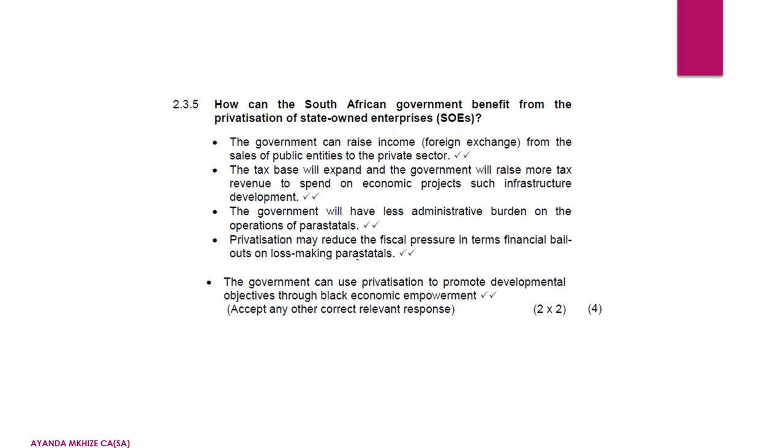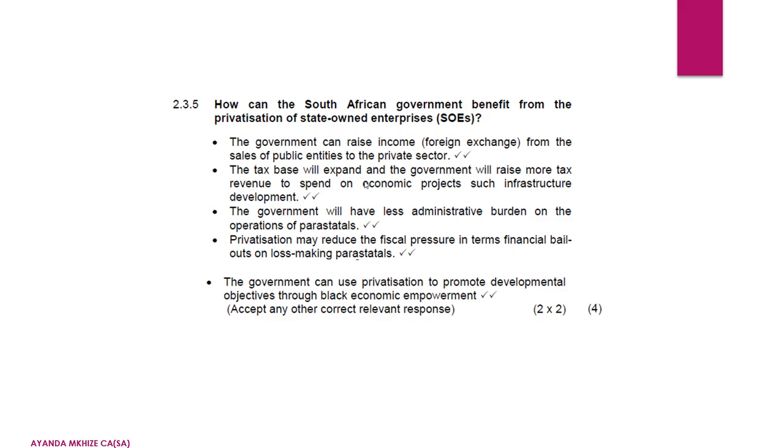And then I did discuss with you that the reason they will do that is because they want to have more money coming into the business, and they're also looking for expertise that they will gain from the individuals that will be buying a 40% stake in Eskom. Now let us see the solution that we have here to see whether we were in line with what they have here. The government can raise income, foreign exchange, from the sale of public entities to the private sector. We were correct on that. We would have gotten 2 marks.